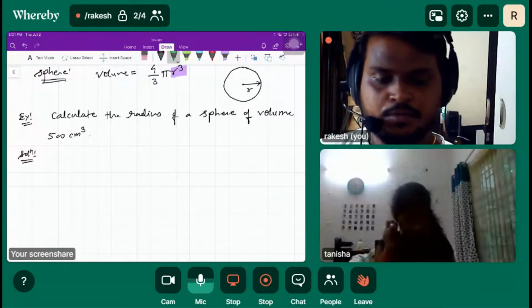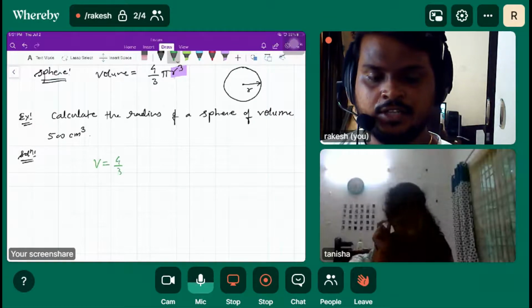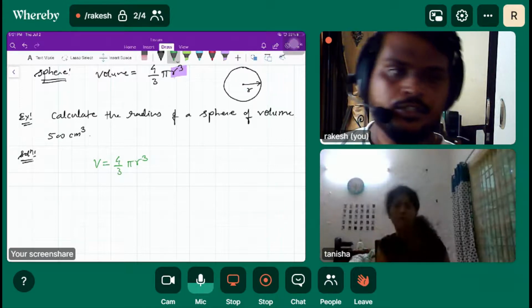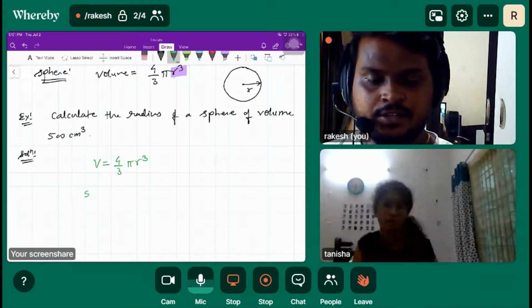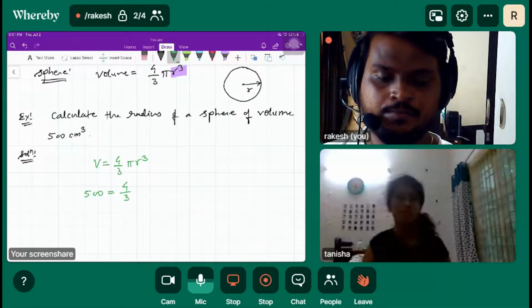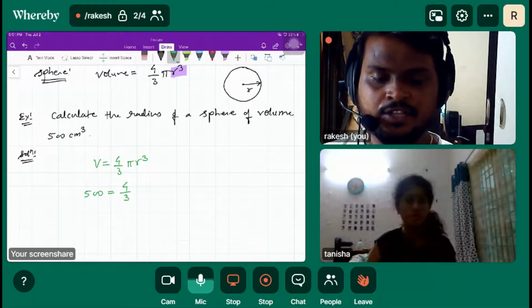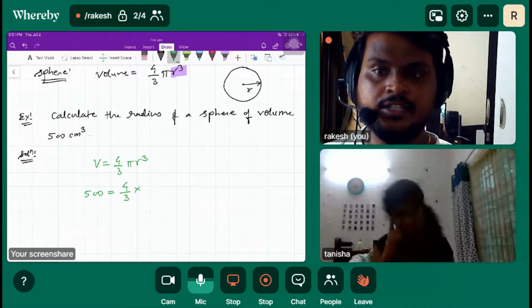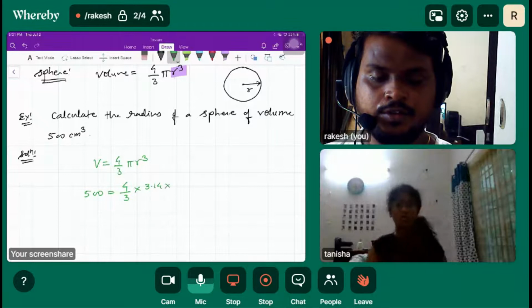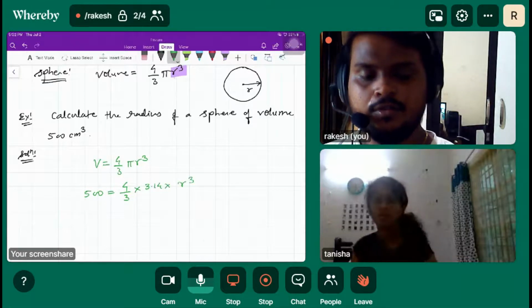See, what is the volume of sphere? That is 4 by 3 pi r cube, right? And the volume given is 500. So we simply plug that value here. 4 by 3 into pi is like 3.14 into r cube.